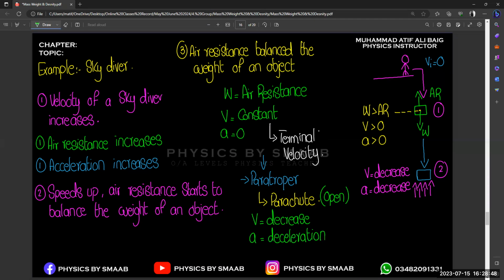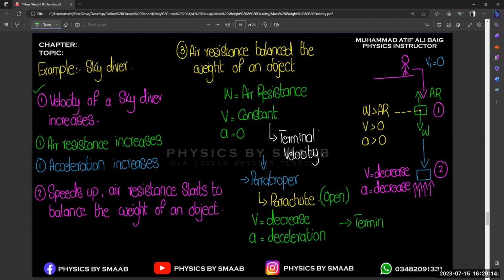And after some time, we need to follow the same procedure from point number one, right? Because again, slowly we will try to balance our body with the help of a parachute also. So after some time, air resistance balances the weight of an object again, and the acceleration again comes to zero, and again we come into the state of terminal velocity, right?